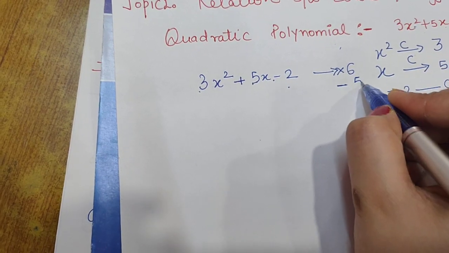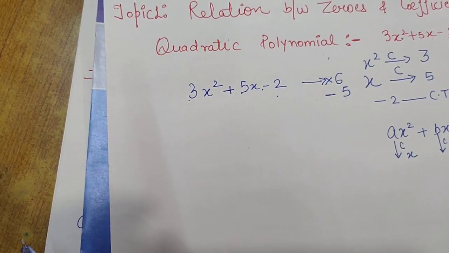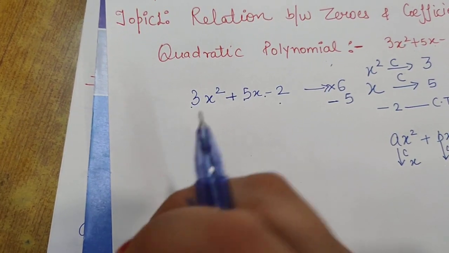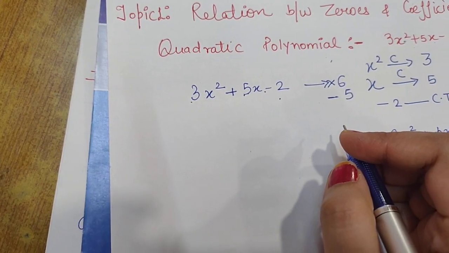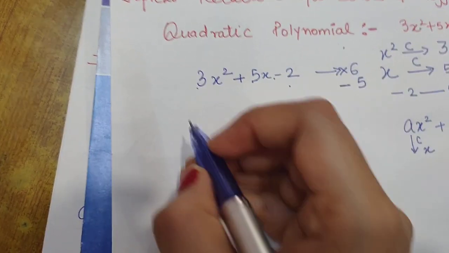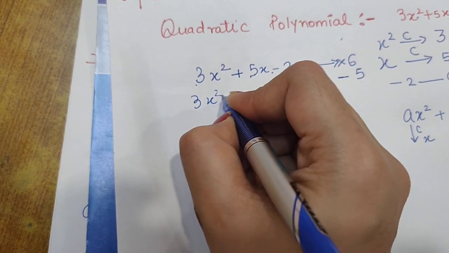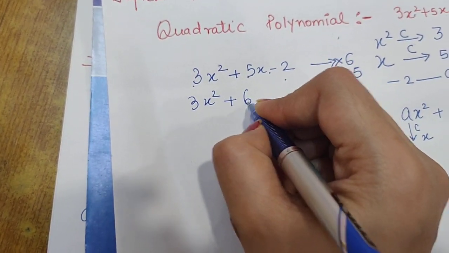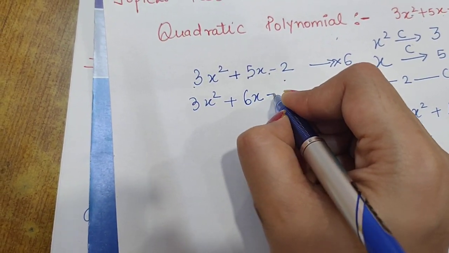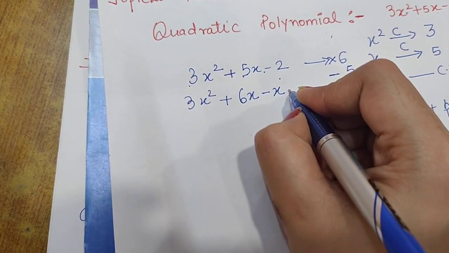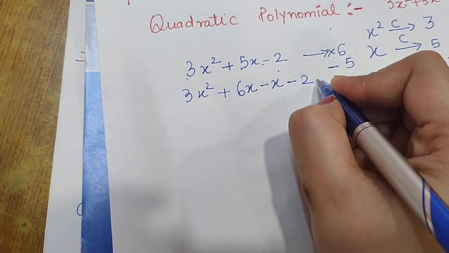I think these two numbers will be 6 and 1, because 6 into 1 is 6 and 6 minus 1 is 5. So we will split the middle term: 6x minus x minus 2.